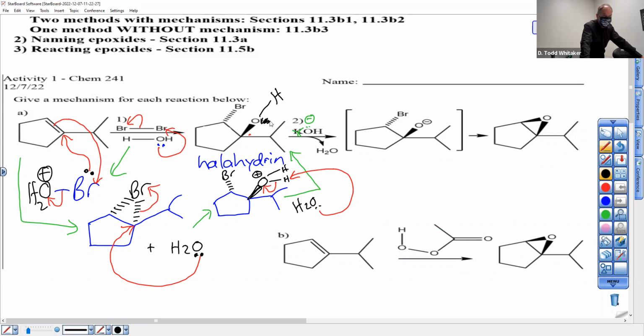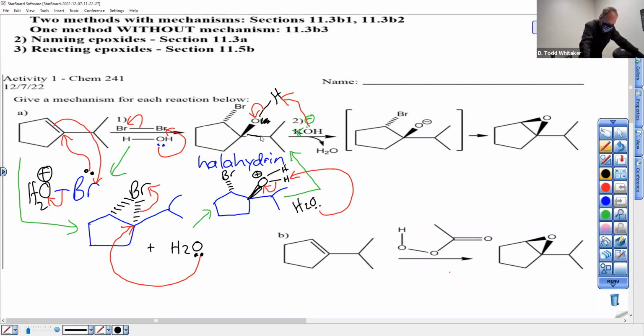I didn't change the molecule. I just drew the bond. Lone pair, grab H. Sigma becomes lone pair.